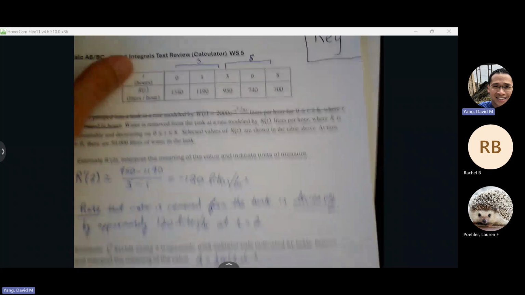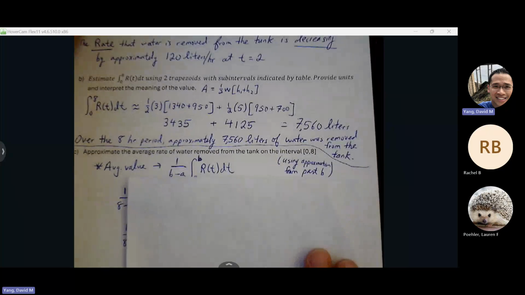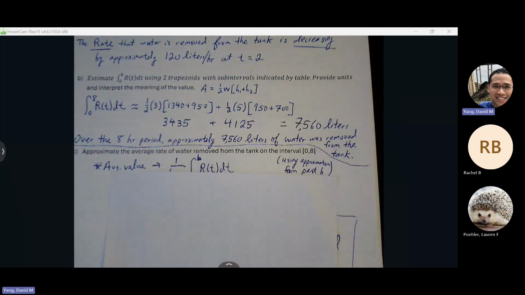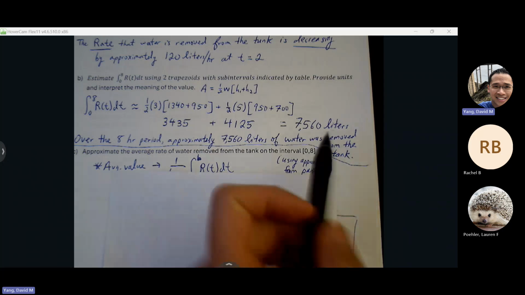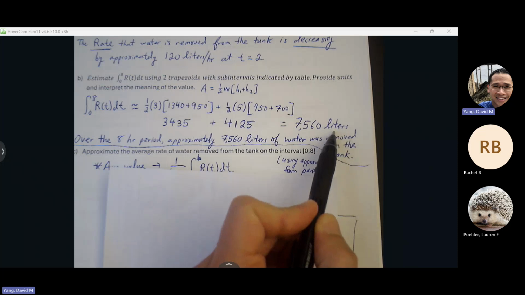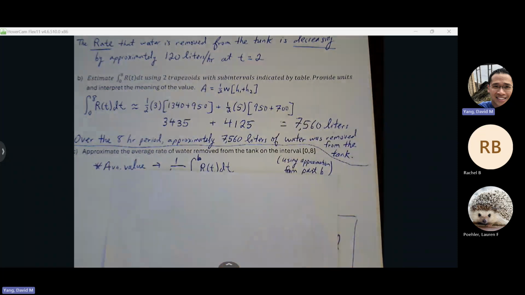So we don't want to stay at rates anymore, because we've accumulated all that water over this time period, and we get something that indicates the amount of water. So no longer liters per hour, it's in terms of liters. Over the 8-hour period, approximately 7560 liters of water has been removed from this tank.